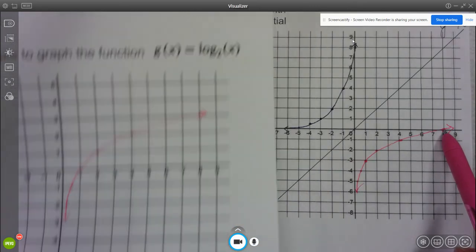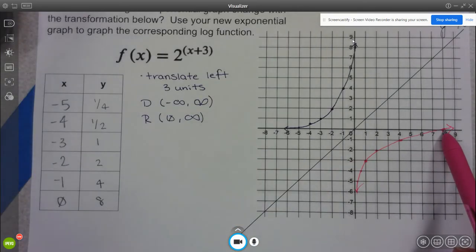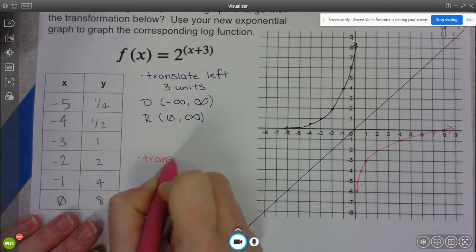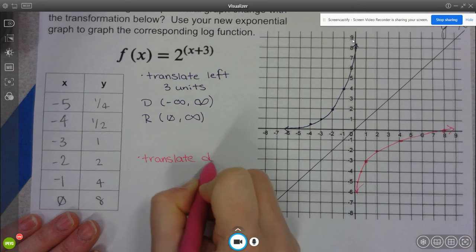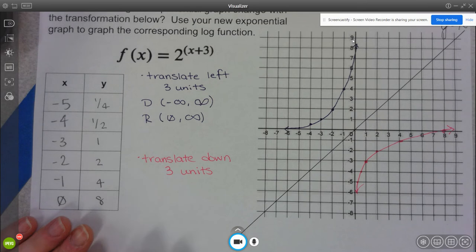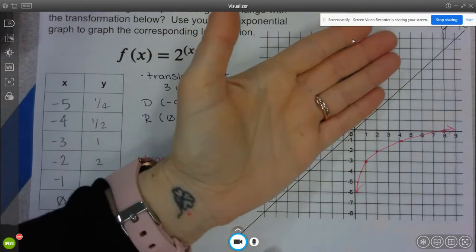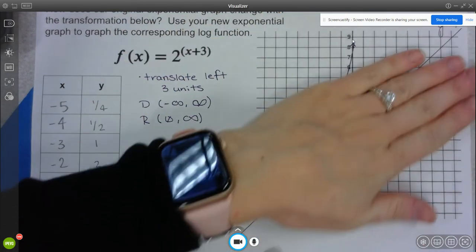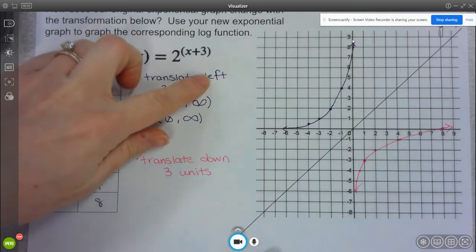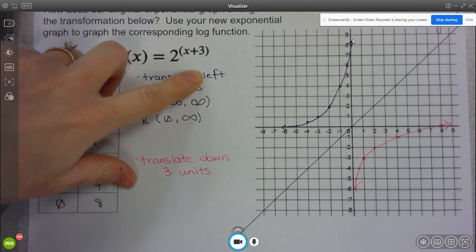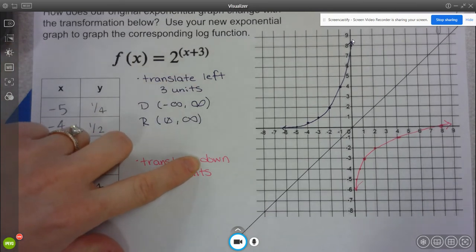So my exponential function shifted left, but my log function translated down the same number of units. And this is because of that reflection. If something went left or right here, when I flip it over, it's going to move up or down. So left and down go together. If this went right, this should go up.